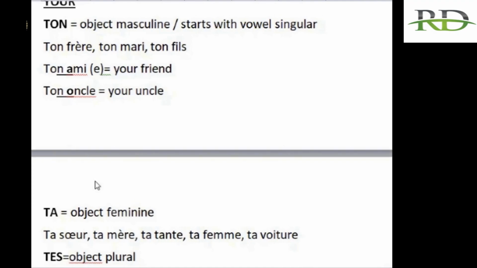Now for all the feminine, you are going to use ta sœur, tumhari behan, ta mère, tumhari ammi, ta tante, tumhari auntie, ta femme, tumhari biwi, ta voiture, tumhari gadi.